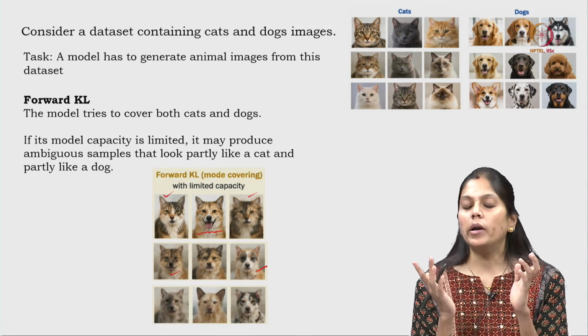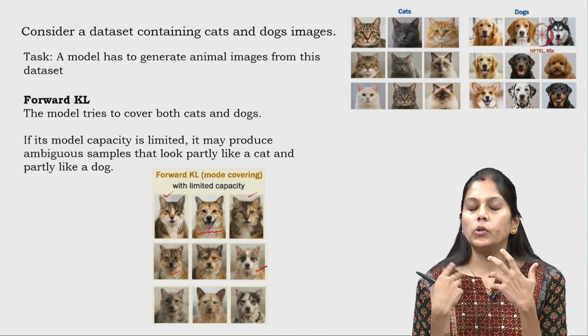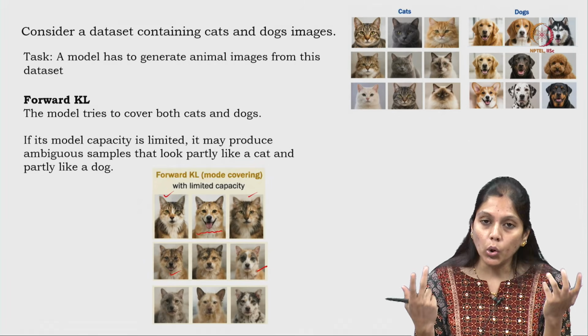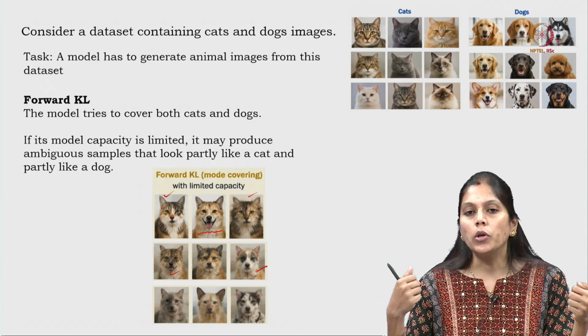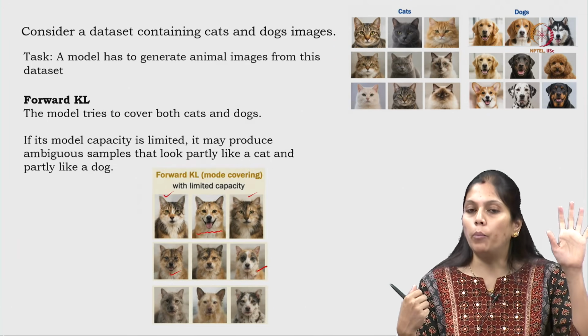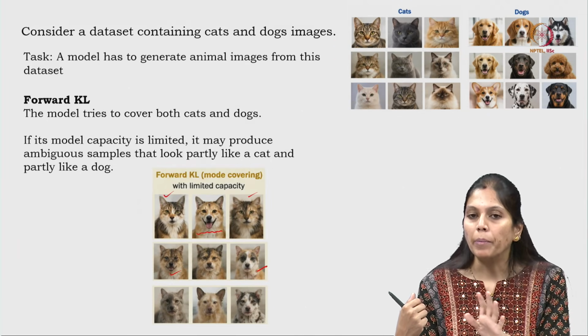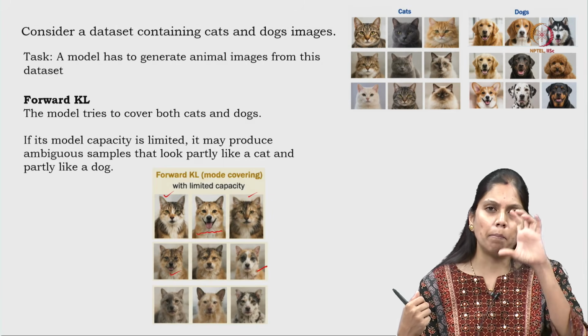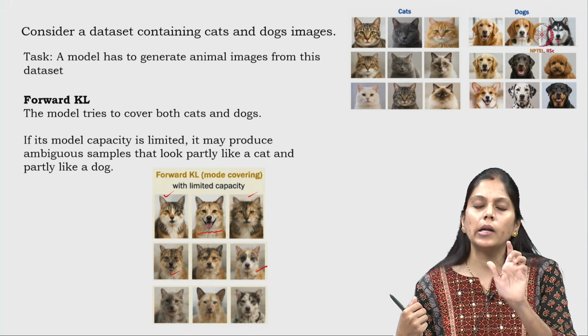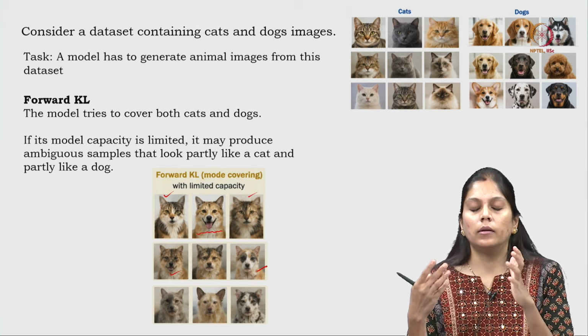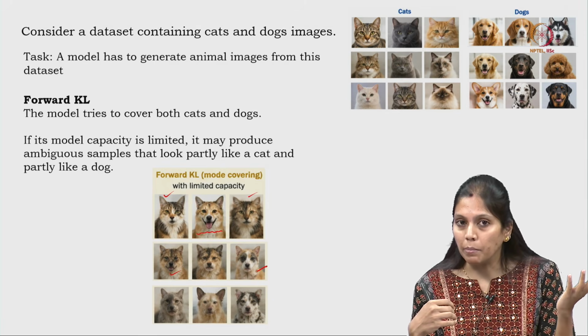So with forward KL divergence, because your aim is to cover both the modes, in this process you are spreading Q. When you spread Q, it covers both the clusters. When it covers both the clusters, the majority is at the center, where you don't have many samples, unlike the previous example.